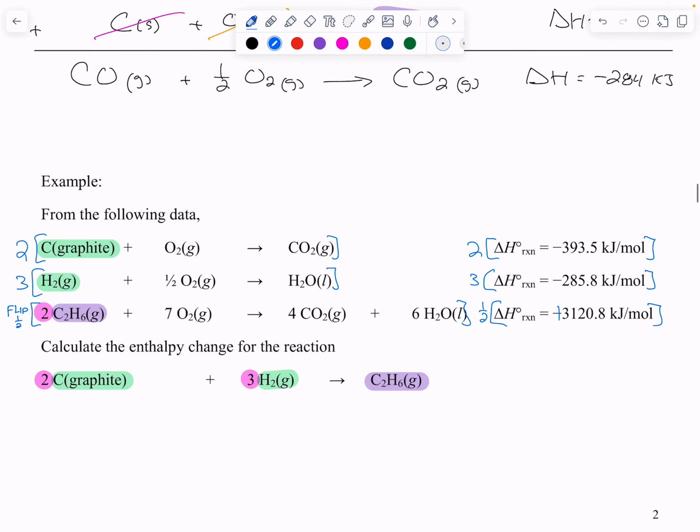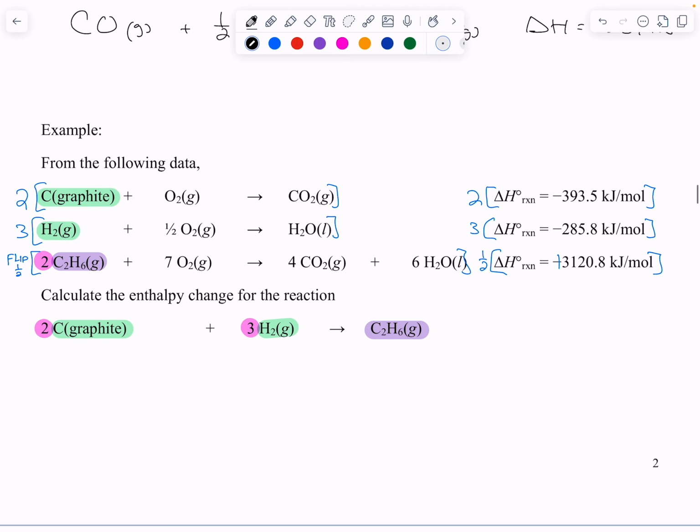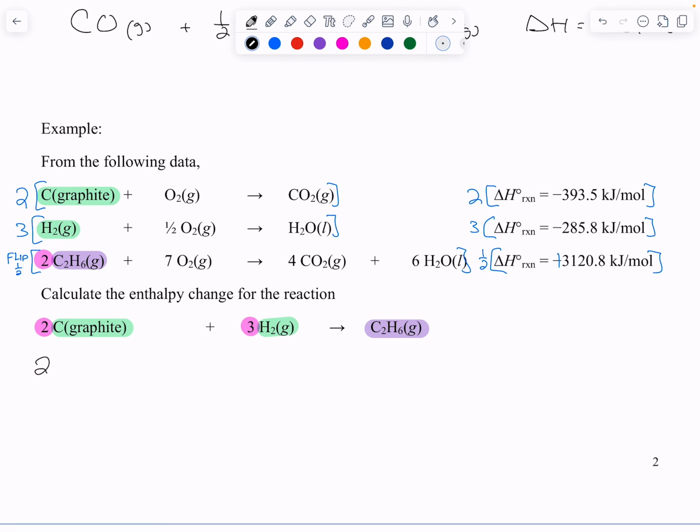All right, let's try it. I got 2 carbon graphite plus 2 O2 gas going to 2 CO2 gas. And now that delta H is what? Negative 393.5 times 2. I think it's negative 787.0 kilojoules per mole.